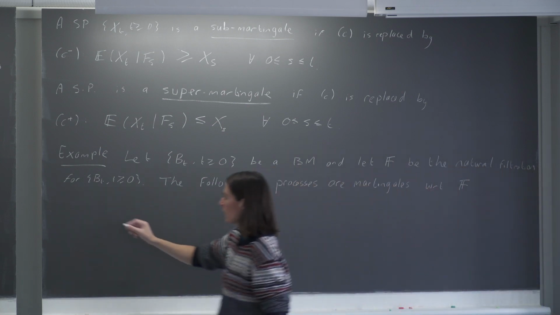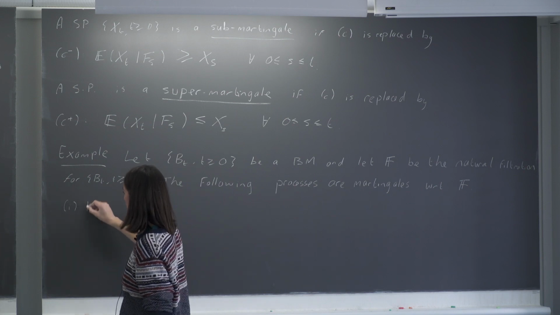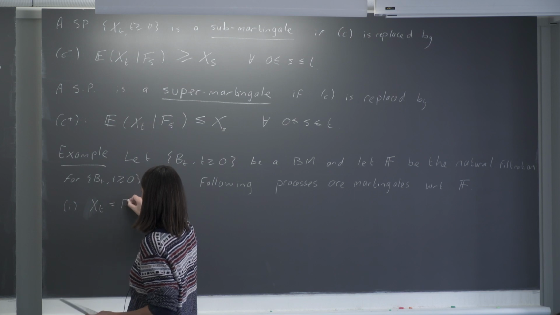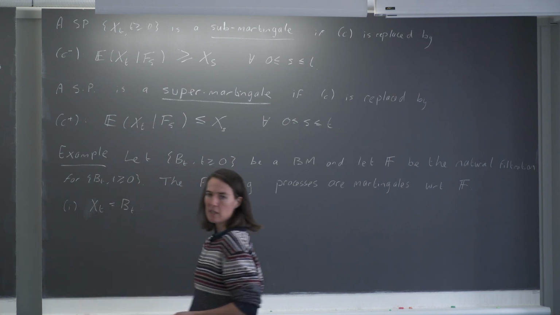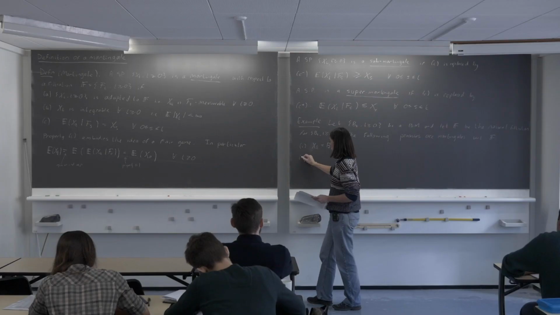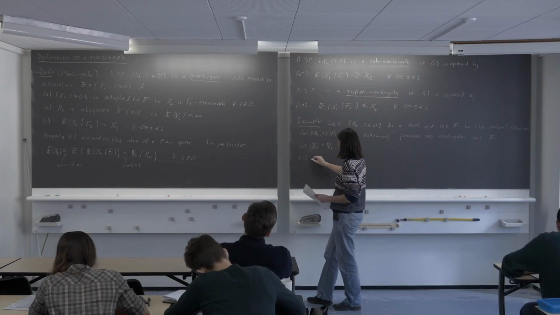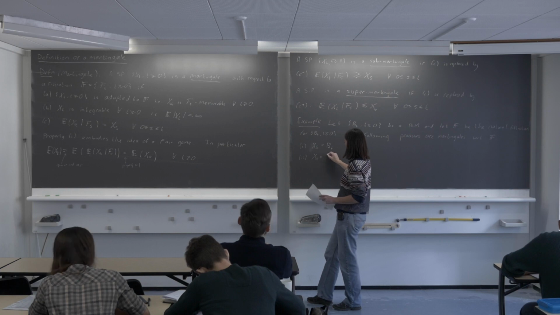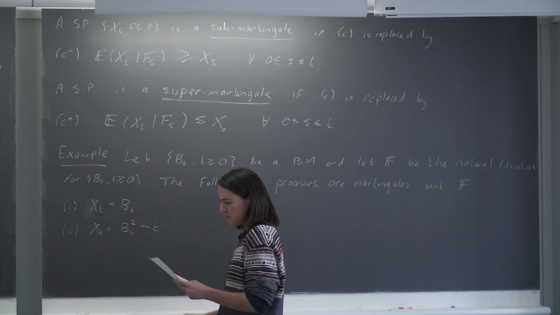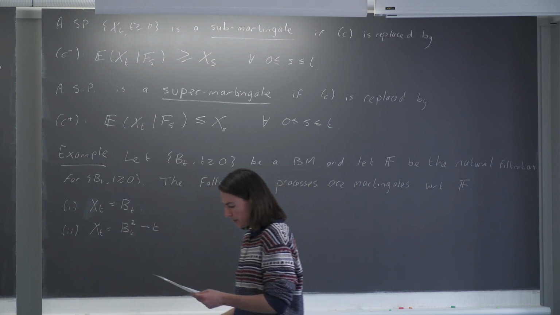Okay, so the first one is that Brownian motion is itself a martingale. The second one is that if we take Brownian motion and we square it and subtract t, that's a martingale.